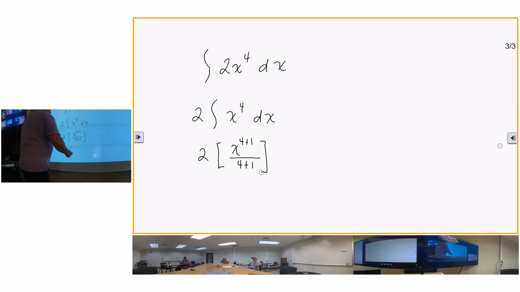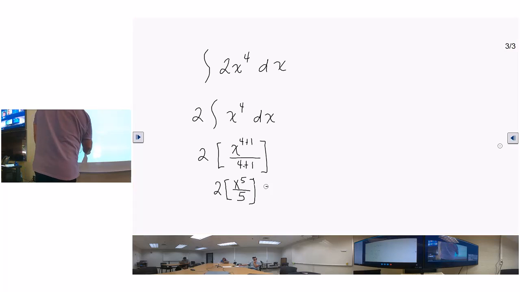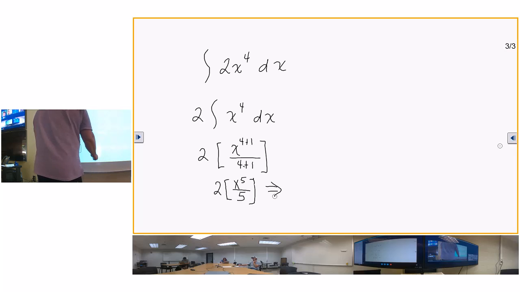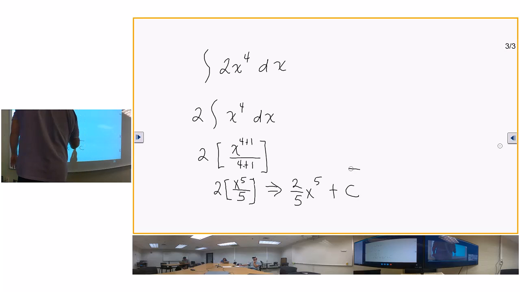And that's going to give you 2 bracket x to the 5th over 5. And then that's going to give you the final answer, which is 2 fifths x to the 5th plus c.